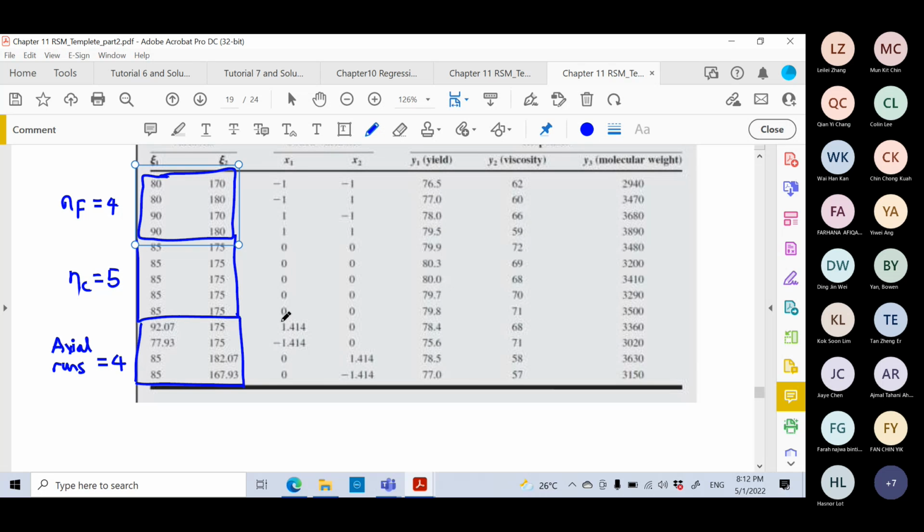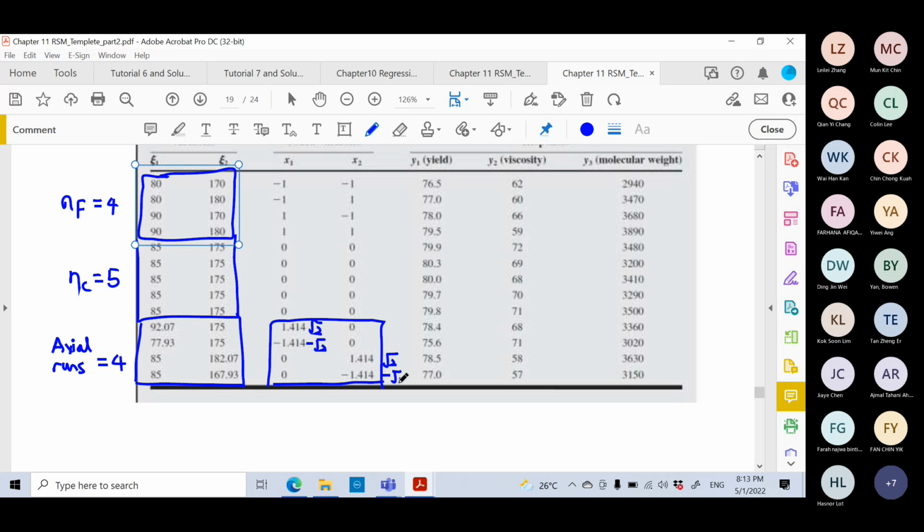For the auxiliary points, once we have the relationship between x1 and xi1, and x2 and xi2, that we just obtained, then the auxiliary value will be 1.414, which is equal to the square root of 2. This one is the negative square root of 2, and this one is the square root of 2.